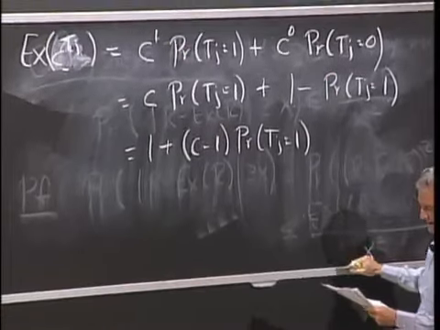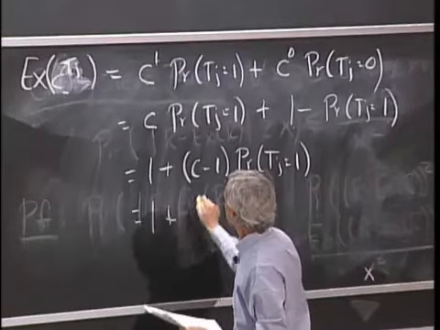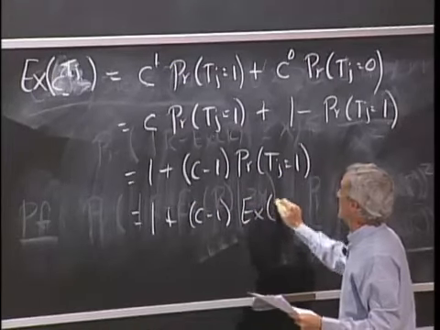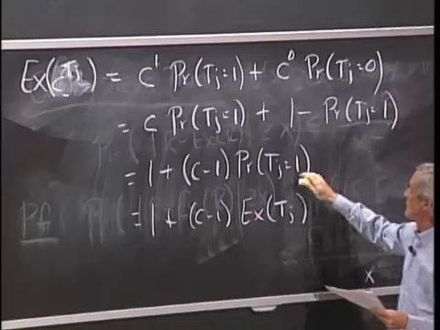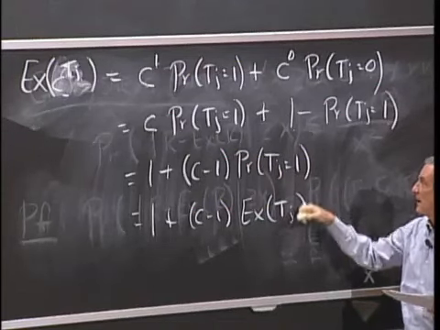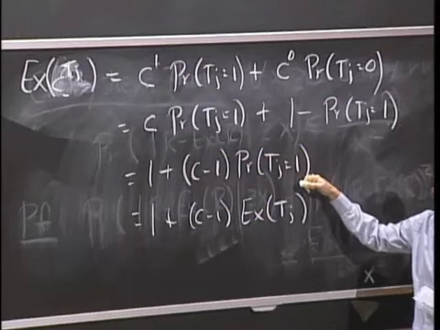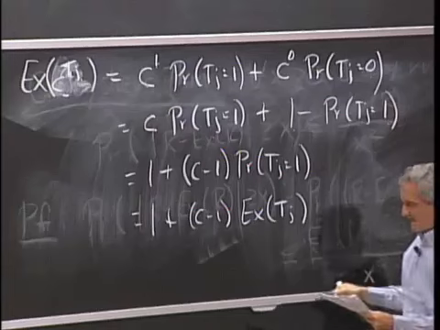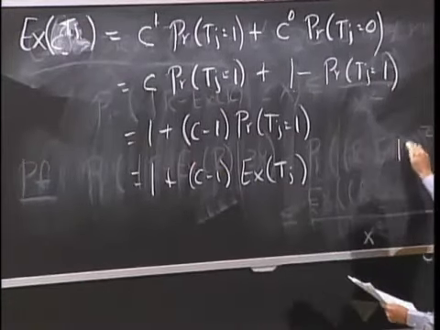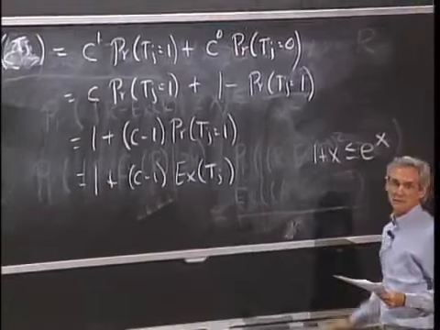OK, then I'm going to do one more step here. This is 1 plus c minus 1 times the expected value of tj. Because if I have an indicator random variable, the expected value is the same as the probability that it's 1, because the other case is 0. And now I'm going to use the trick from last time. Remember, 1 plus x is always at most e to the x from last time?